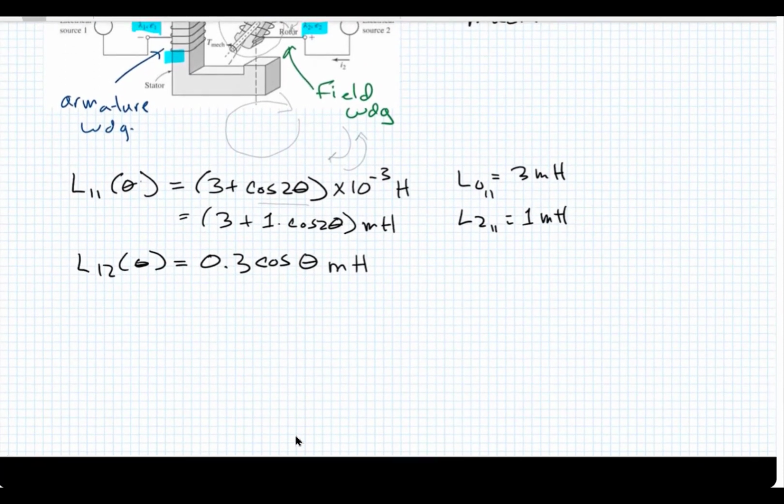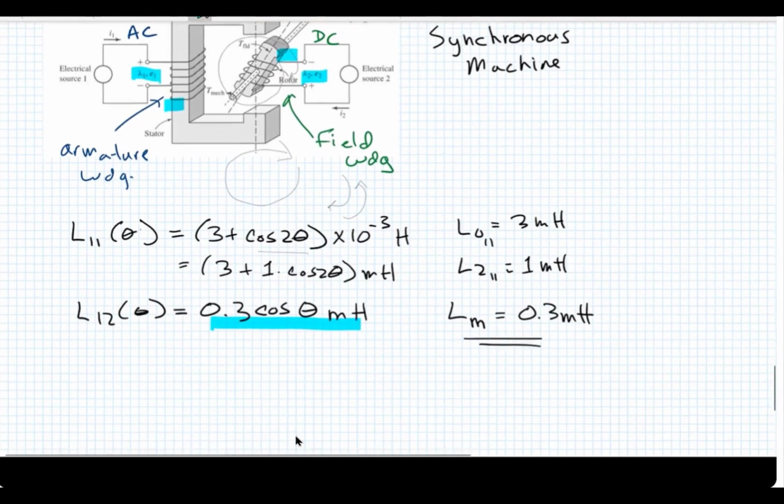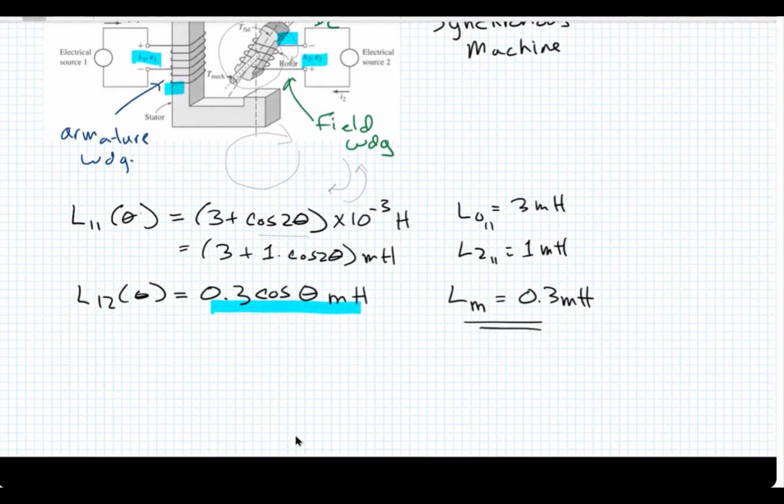So what I really have is a mutual inductance, I'll call it L sub M, equal to 0.3 millihenries. It's really due to this DC rotating field, and it only has a position dependence. There's no static inductance there. That's very common. And then the final inductance is L22.